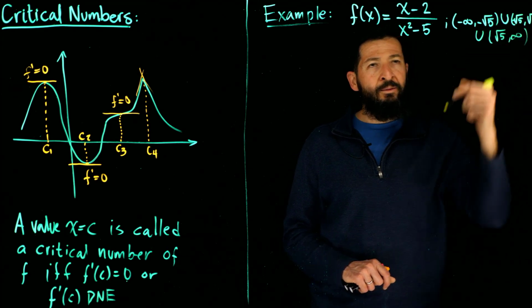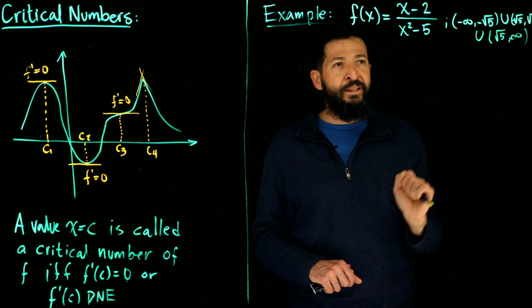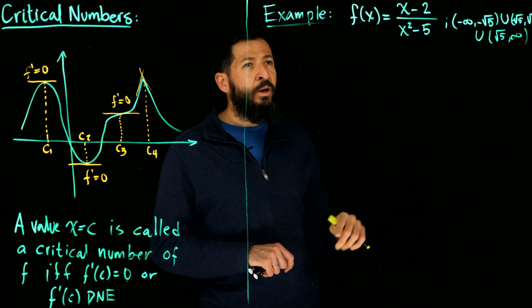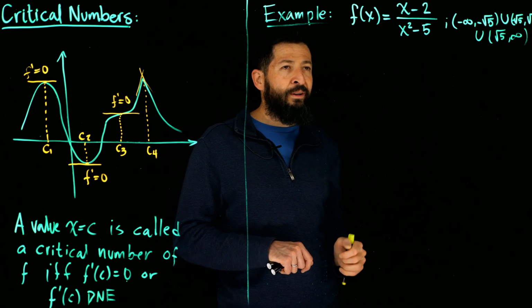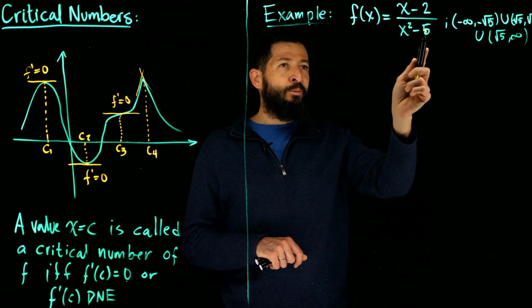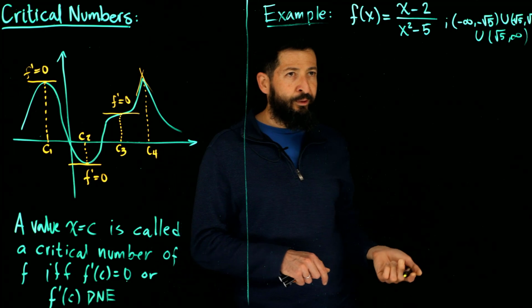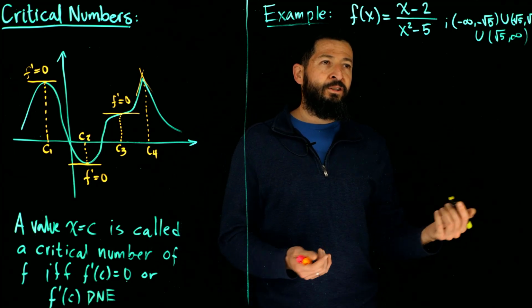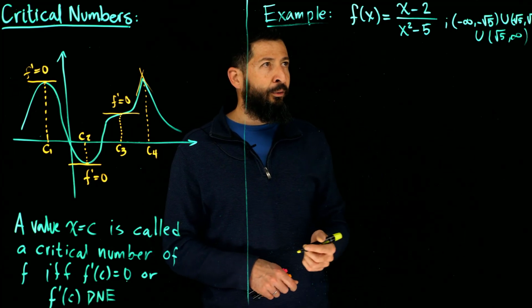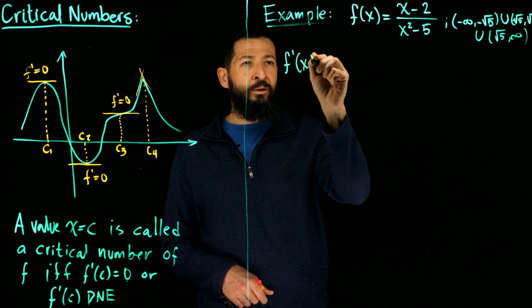So you're eliminating the plus or minus square root of 5 that make the denominator 0. I just want you to know that when we compute our derivative, you will find that the points plus or minus square root of 5 will come up again as points where the derivative would be undefined, but the function itself is undefined there, so we don't care about those. So let's take our derivative, and this is going to be a quotient, so we do the quotient rule.